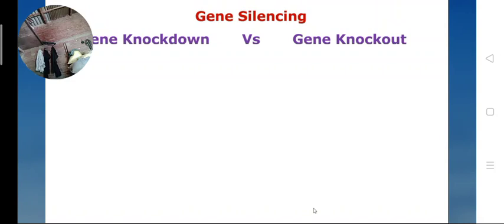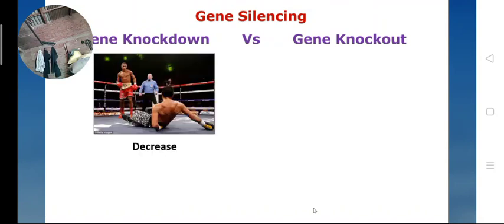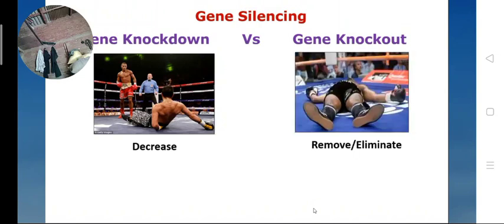So let's understand gene knockdown. When I say gene knockdown, it means there is a decreased expression. If a gene is expressing to full capacity, for example 100%, and you decrease the expression by 20%, then it is gene knockdown. When I say gene knockout, it means you are completely eliminating the expression. If the gene is expressing 100%, and now there is 0% expression, it means you have knocked out the gene.